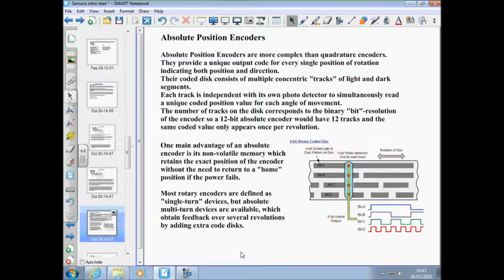And that's an example of one. Most are single turn, so they have one set of codes for it to turn around once, but it is possible to get versions that have multiple disks and therefore can detect more than one rotation of a shaft.